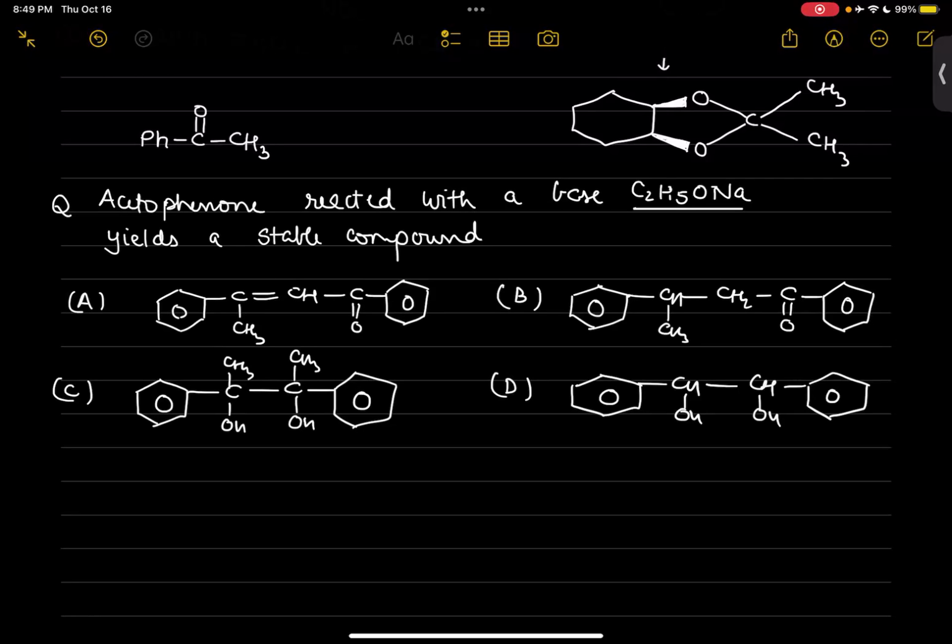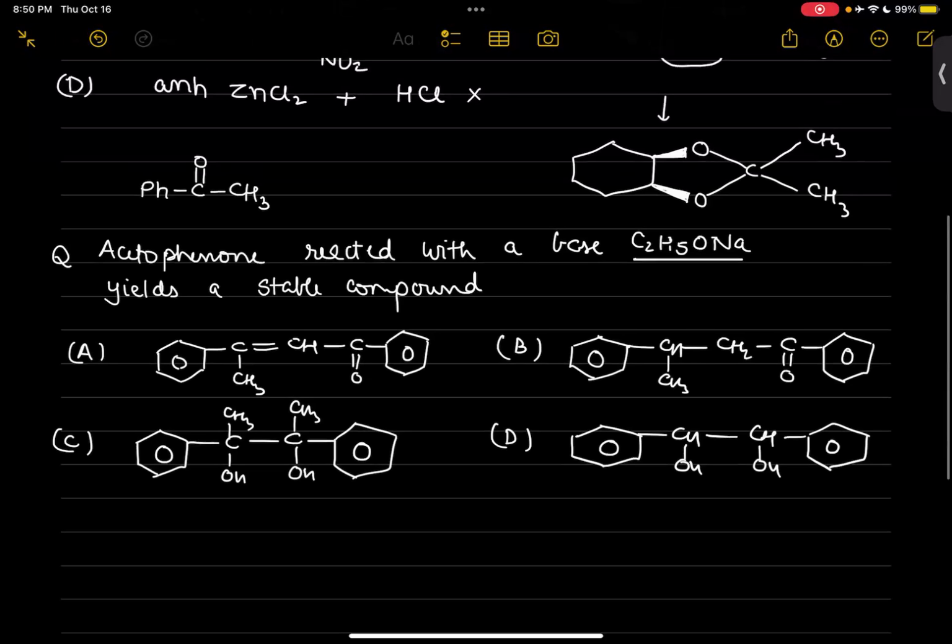And when it is treated with a base, which reaction is this? Acetophenone is treated with a base.